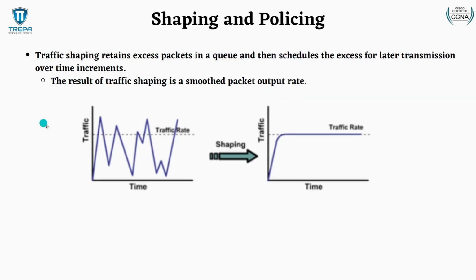You may ask, well, how does this differ? Well, with shaping, what we're saying is always send at this traffic level, no matter what. So if we shape it to 1 meg, if we don't have 1 meg to send, that's fine. We're still going to give that 1 meg availability. But if we're going over 1 meg, instead of dropping traffic, we're just going to put it back in the queue nice and gently.